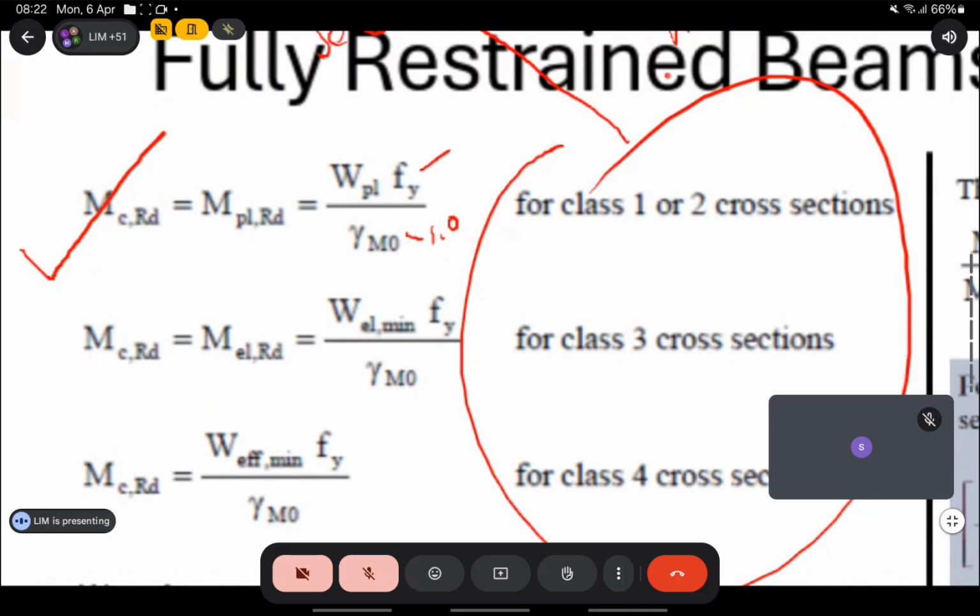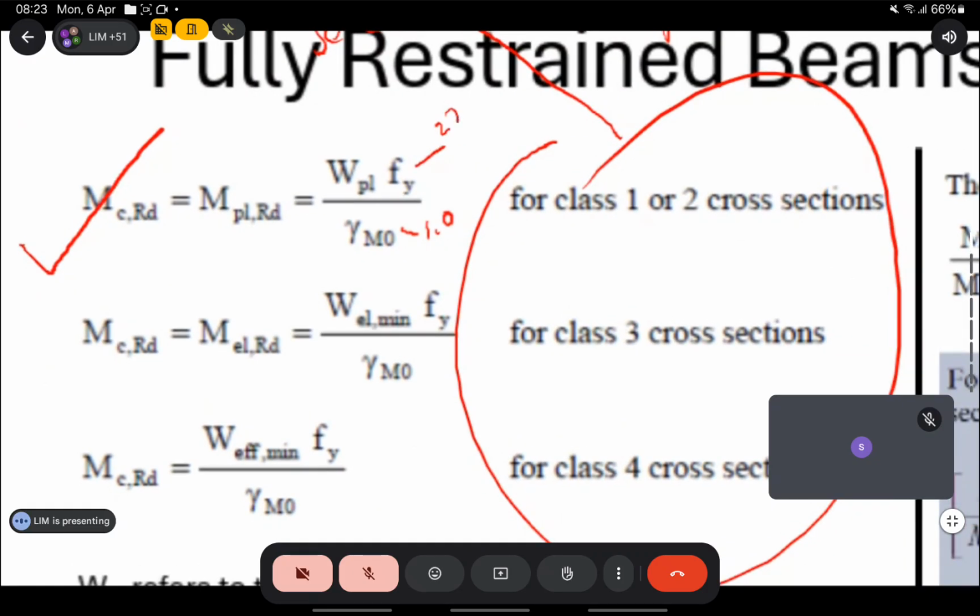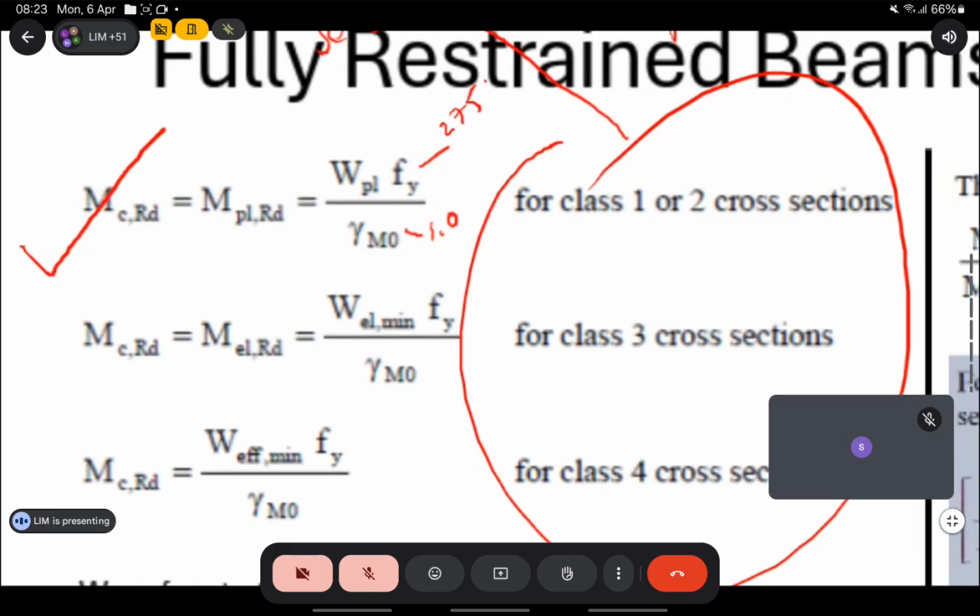If we use grade 275, then Fy is 275. But don't forget, it's only 275 if your steel thickness is less than 40 mm. If the steel thickness is more than 40, it becomes, I don't know, 235 or something like that. So it's still governed by the steel thickness.